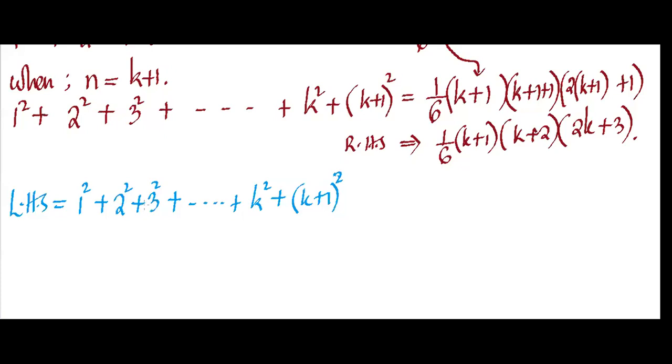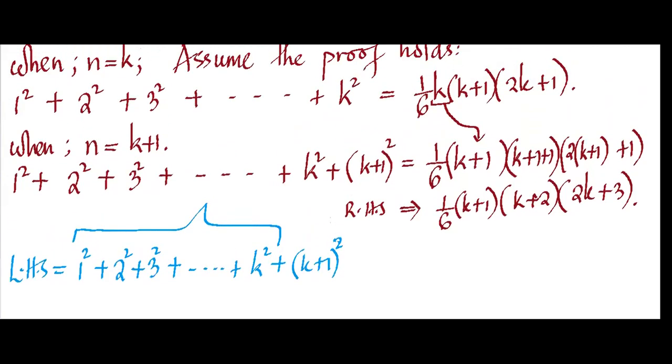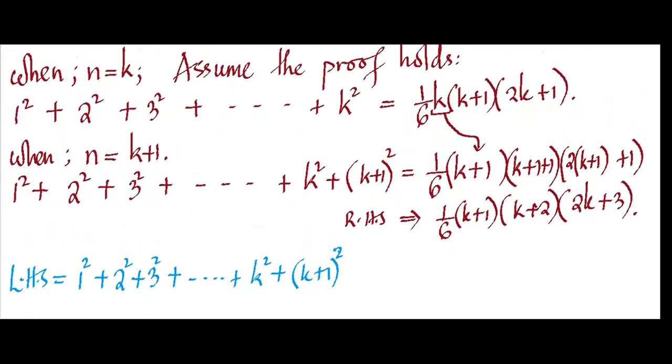So after that, we want to check whether our left-hand side can take us to the right-hand side. However, I want us to remember that at the assumption stage, we know the sum up to k squared. Who can tell us that sum up to k squared?